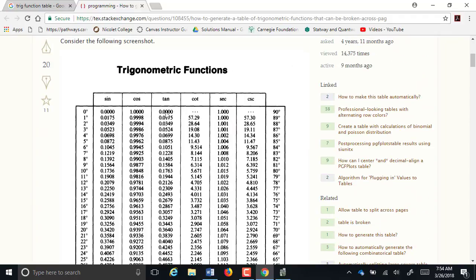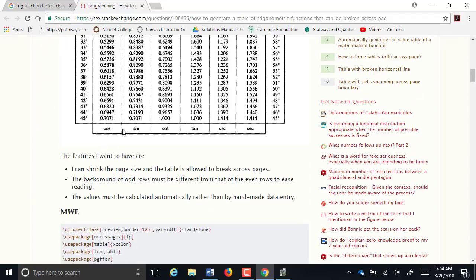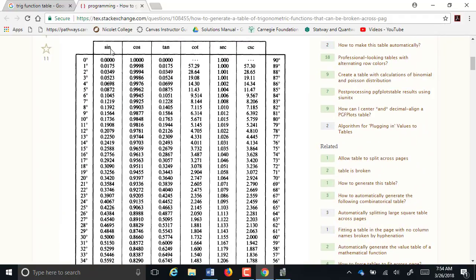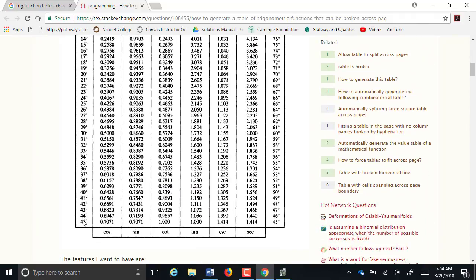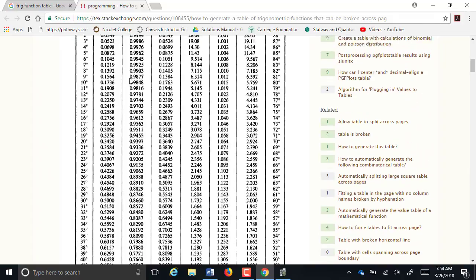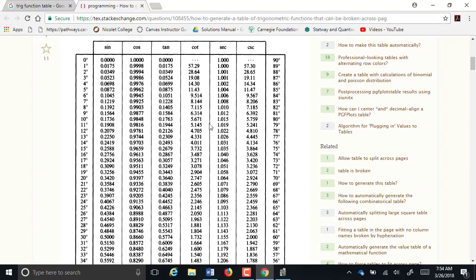So let's say I want to find, you can see down here they've got the functions switched. This is labeled cosine and sine, or here it's labeled sine and cosine. Well, if we're using this set of numbers, we use the top labels. So the sine of 5 degrees is right here. But if I want to find the sine of 80 degrees, well, that's not on this side. I have to go to this side to find 80 degrees, so I use these labels. So sine is this column now of 80 degrees.